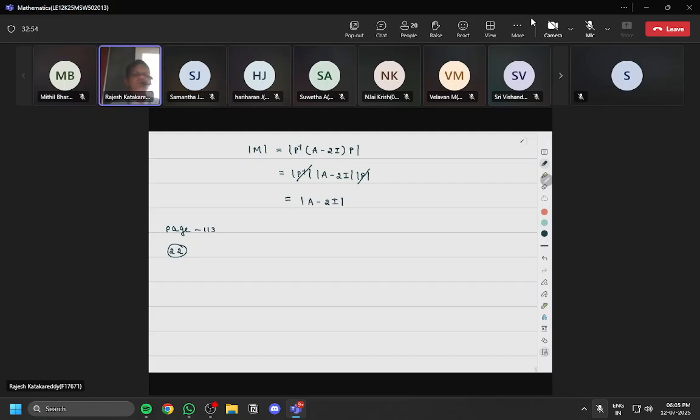Please have a look at the problem once. 22. Anybody solved this one? Anybody solved this problem?